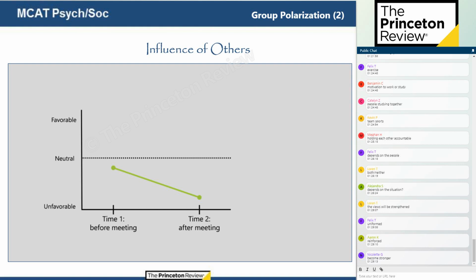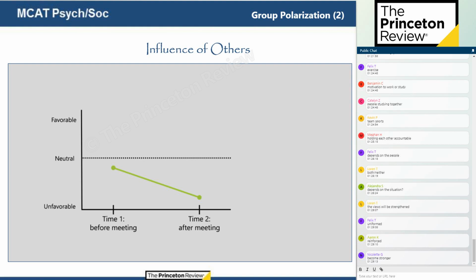So for instance, if we've got a group of folks that are getting together before a meeting and they have a particular view that this one possible medical procedure is not really, we're just not sold on it.